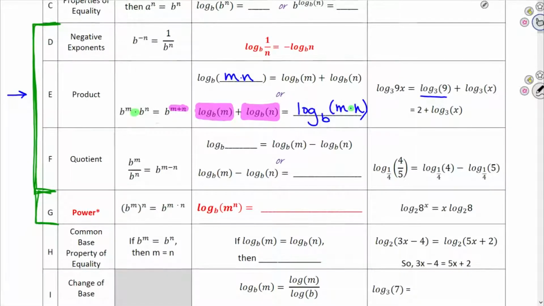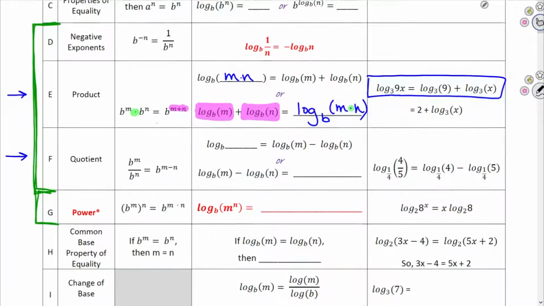It's 3 squared. And so log base 3 of 9 is 2 because 3 squared is 9. You could write it like this. But the piece that we're focused on in this property is that I can expand this because I have multiplication.